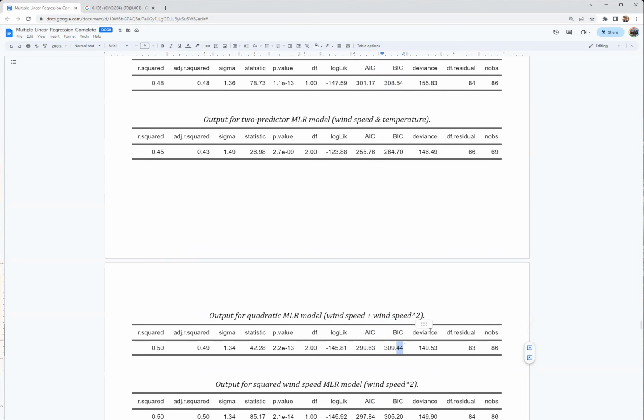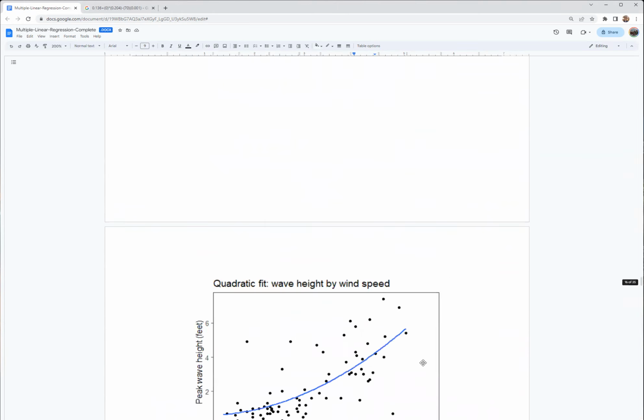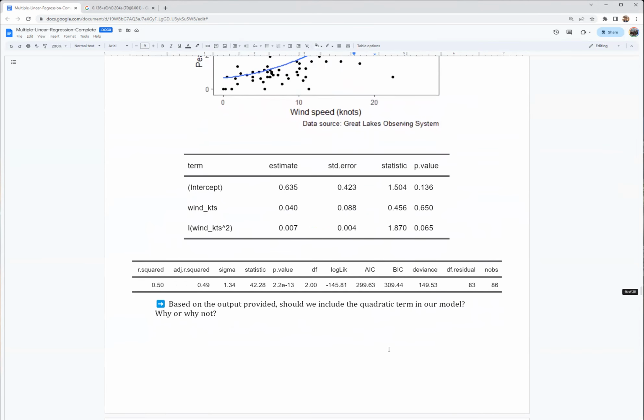So there's a little bit of a discrepancy here between AIC and BIC. Let's note that, which can happen. It's not common, but again, for real data, you don't always see clear-cut things based on the results.